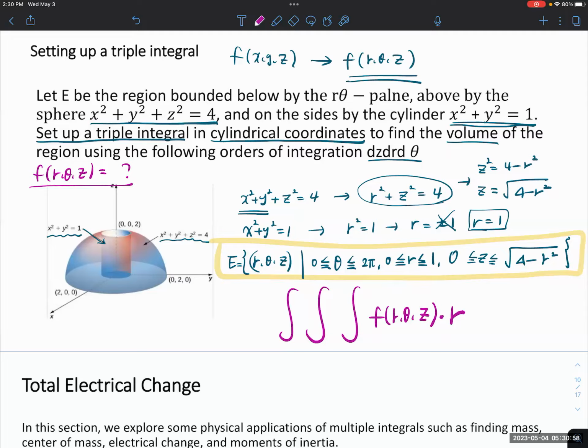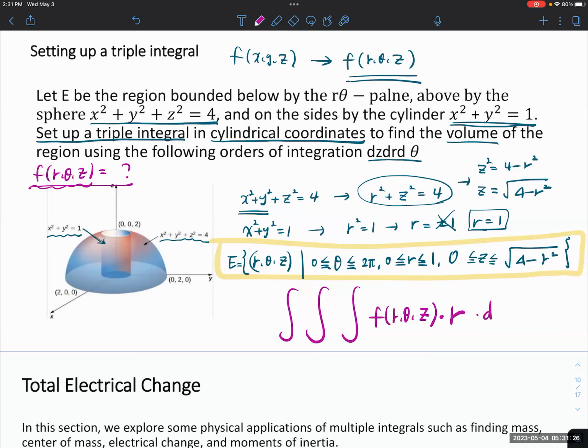Usually, if you remember from last time, if you don't have the given function for r theta z, you actually begin with the 1. Do you remember the volume is 1 total, and then you're looking for how much they're filling up by looking at the interval. So it's okay. I'm going to change it later, but this is okay too.